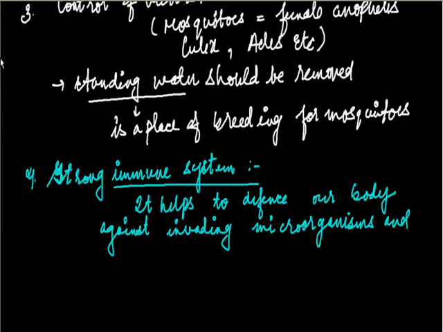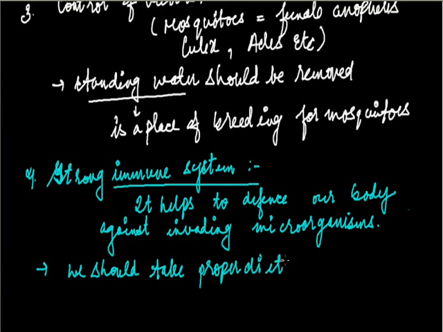This immune system is like the soldier of the body. It fights against the various infections and diseases that come to us. To make our immune system strong, we should take a proper diet and nourishment.